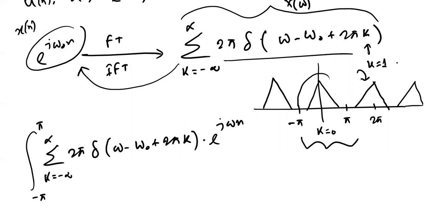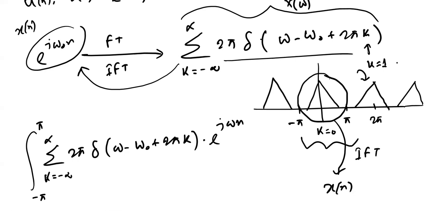So if you only consider this in the frequency domain and do the inverse Fourier transform, you can come to the time domain. You can find the value x[n].